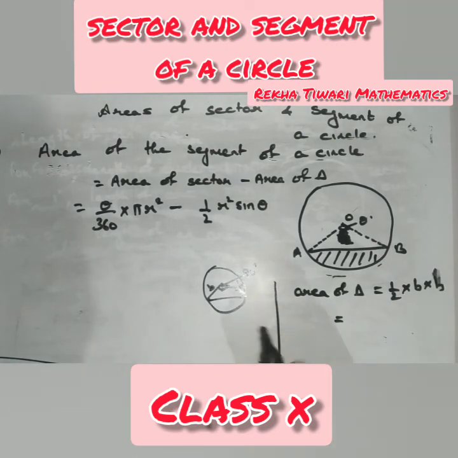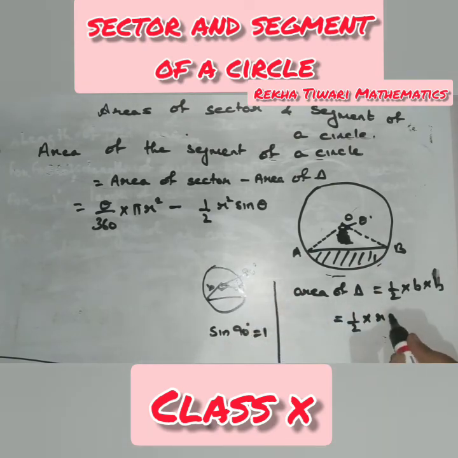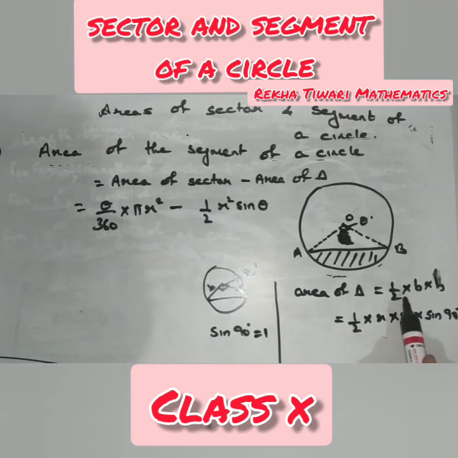Correct. And remember that sine 90 is 1. So I can change this formula as half into base, which is the radius, into height, which is again the radius. And if I write sine 90 here, there is no change in the formula because sine 90 comes out to be 1 only.